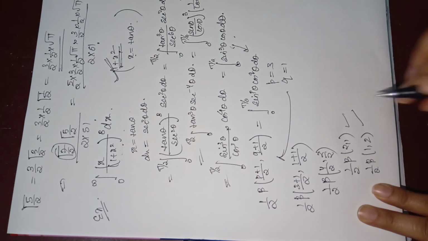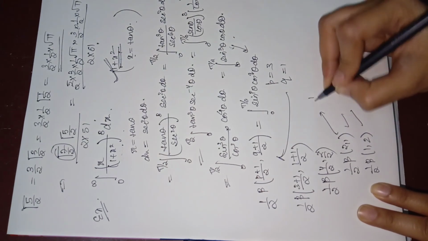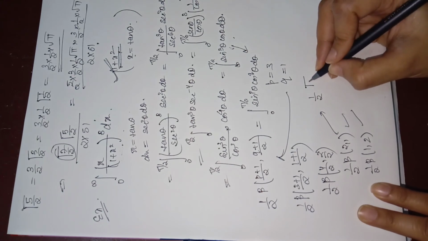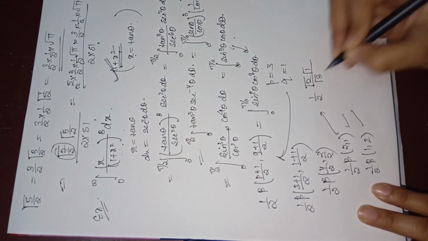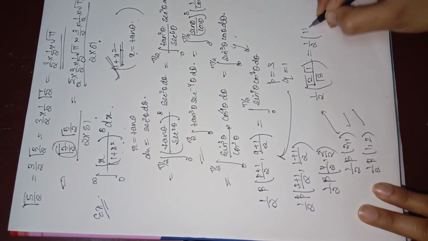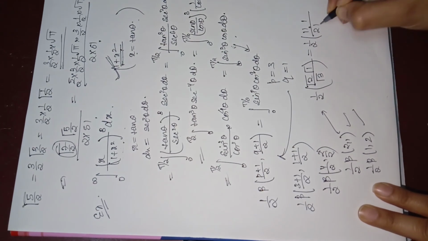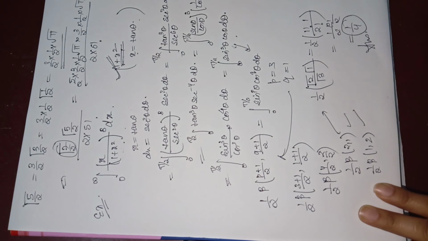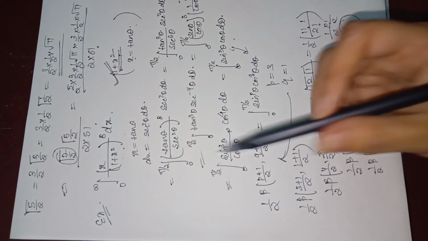And if it is not in terms of beta, you simplify it, because you know the second property, which is the beta and gamma relation. So this is half gamma 2 gamma 1 by gamma 3, and since all are integers, it is very easy to solve. 1 factorial 1 divided by 2 factorial, so it is 1 by 2 into 1 by 2, that is 1 by 4. This is my answer. So very easily we reached from here to here.